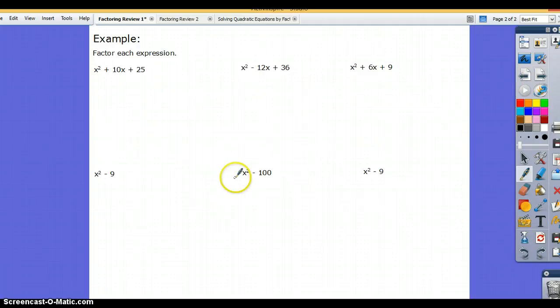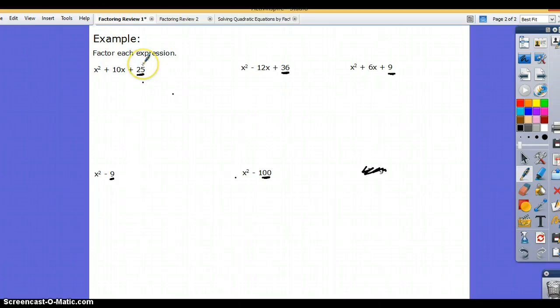Alright, so we got a bunch here. I may not go through all of them, but honestly, they're not that bad. So the key to all of them is that this last number right here, they all have something in common: 25, 36, 9, 9, and 100. They are perfect squares. So when you see that they are perfect squares, think about what the square root of them is.